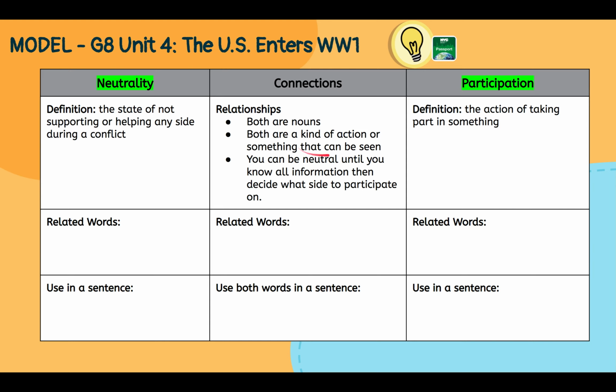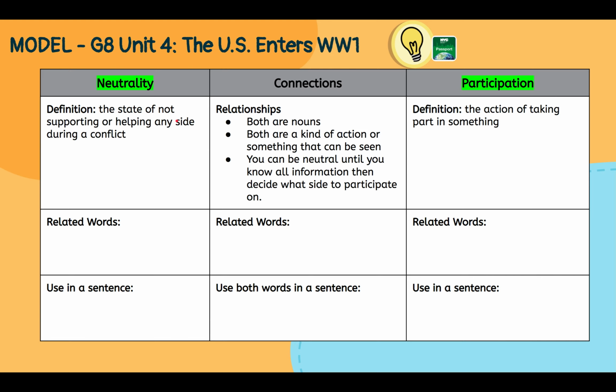So that's another connection I'm going to indicate here. And then finally, you can be neutral until you know all information, then decide what side to participate on. So you can be neutral first and then decide to participate. Or maybe you've participated and you've decided, I want to be neutral. I don't want to take any sides anymore.